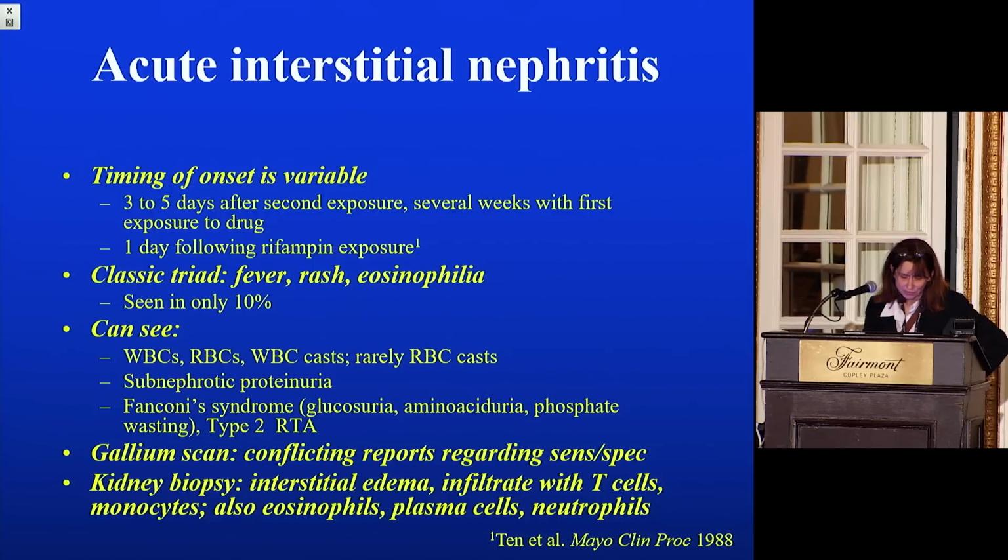You can see evidence of tubular disorders, of Fanconi syndrome, RTAs, glucosuria. The gallium scan, the data are all over the place. I don't think it's useful in practice for diagnosing. The sine qua non, the gold standard, is a kidney biopsy, infiltrate of monocytes, eosinophils.